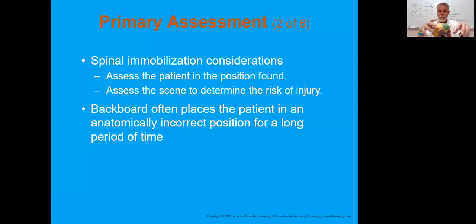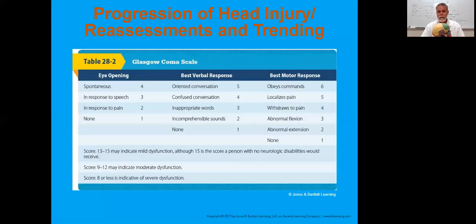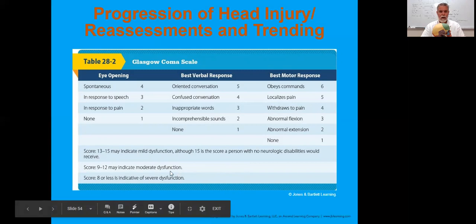But the scenario I'm going with now is an unconscious, unresponsive patient, and the bystanders tell you directly what happened, which is why we may actually need them on that board. Again, there are different considerations for different agencies. It's always important that we protect that spine if you have any thought that it could actually be damaged.